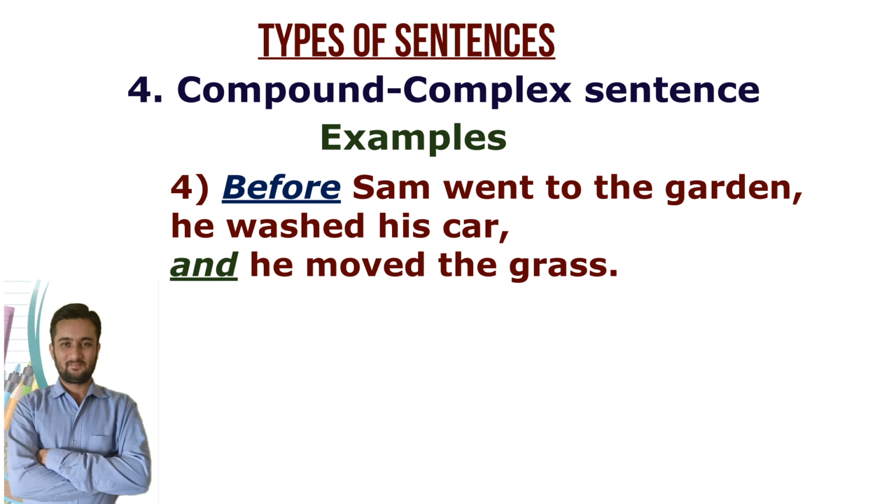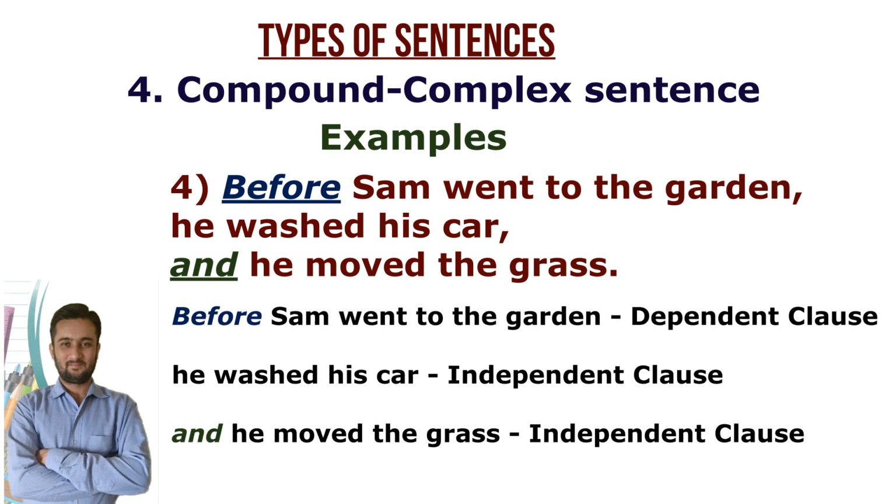Here first part is started with the subordinating conjunction word before, so this is called dependent part. Second one is he washed his car, that is independent part. And third one is and he mowed the grass. This part is also independent part because we cannot start a sentence with a coordinating conjunction word.